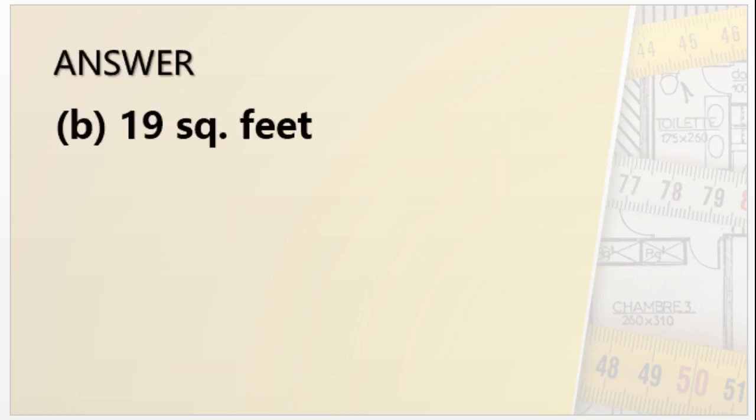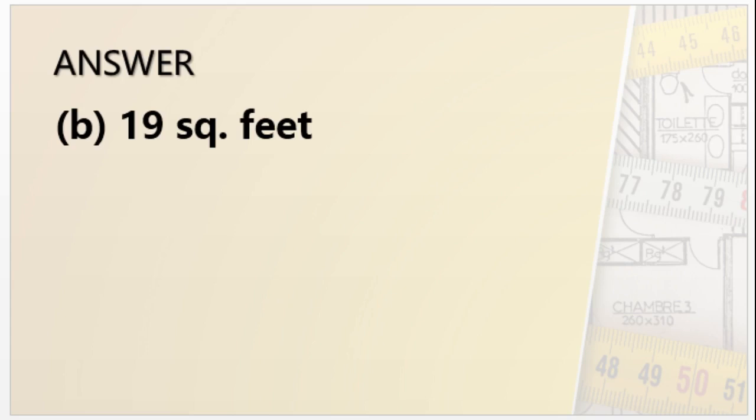So I think by this time you have evaluated this. This will be 19 square feet, the correct answer. As it is humid region, you will have to find out the range between 15 to 20%. After calculating the area, then you will get the window size.